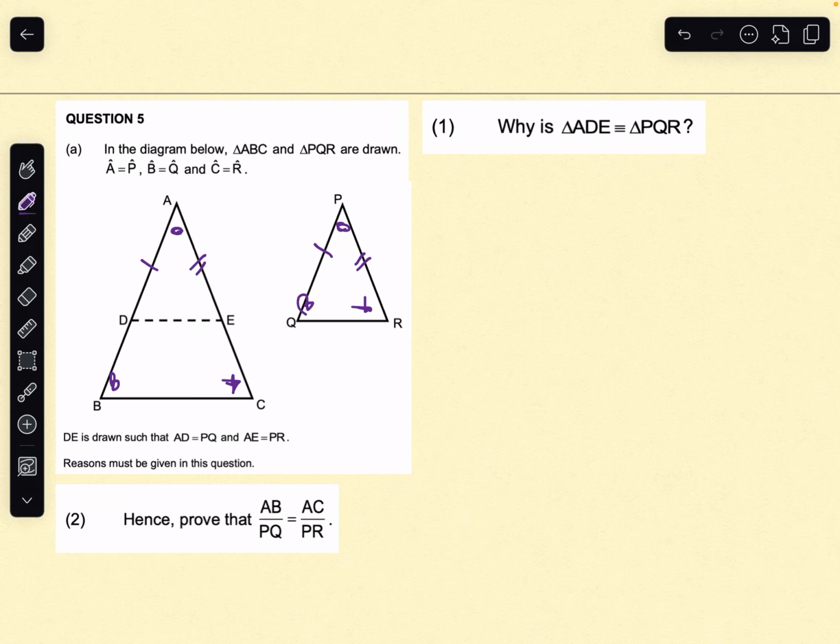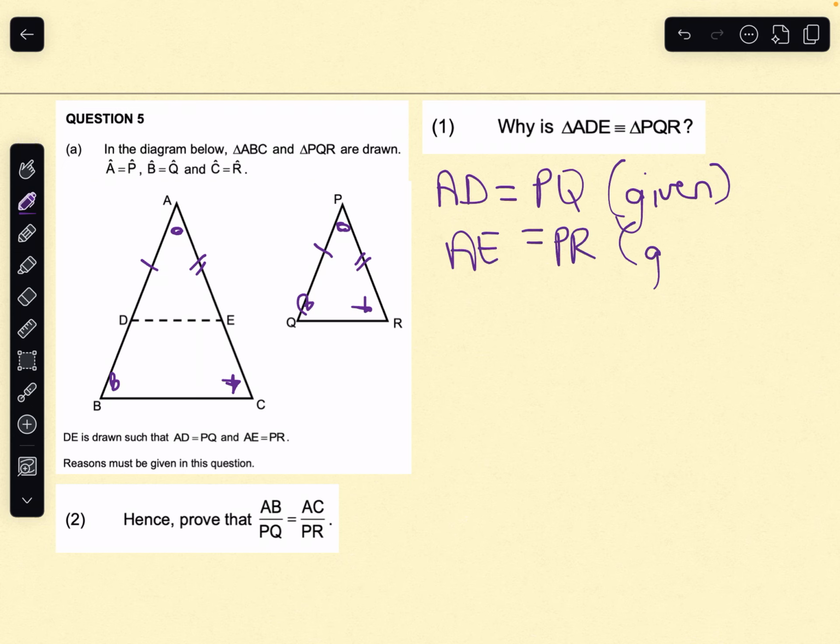We would say that AD is equal to PQ, which we were given. AE is equal to PR, which we were also given. And then finally, we were told that angle A is equal to angle P. We were given that as well.